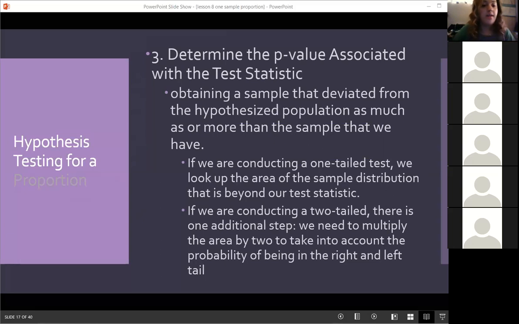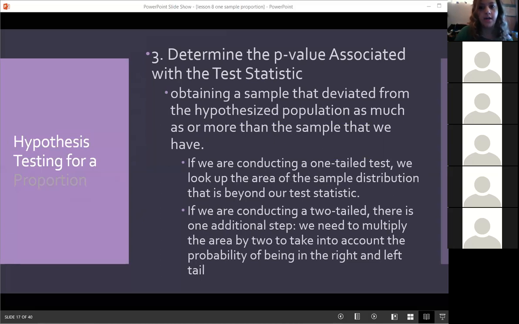So in other words, given that the null hypothesis is true, we always make that assumption, the probability that a randomly selected sample of n would have a sample statistic as different or more extreme as the one obtained is the p-value. And then this is just talking about one-tailed and two-tailed tests.